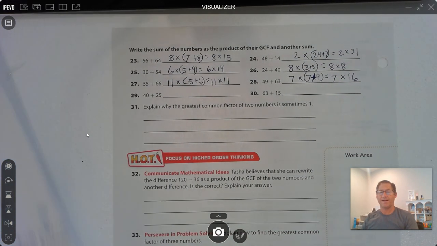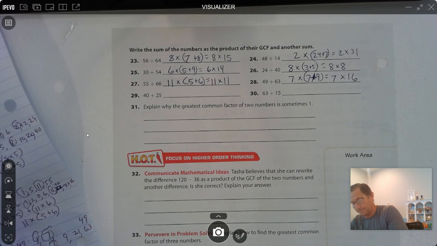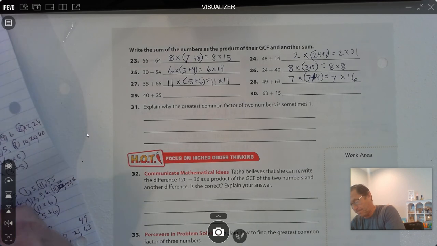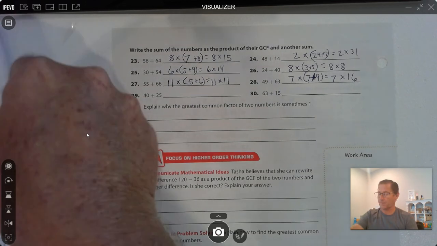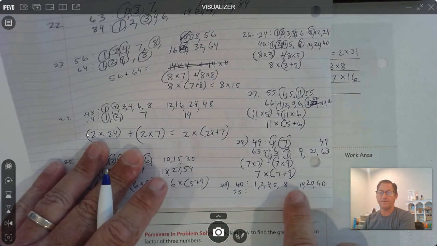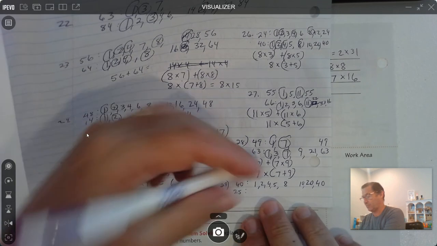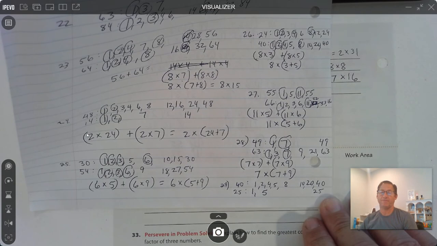All right, number 29, 40 plus 25. Okay, 40: 1 and 40, 2 and 20, 4 and 10, 5 and 8. 25: 1 and 25, and 5 times 5.